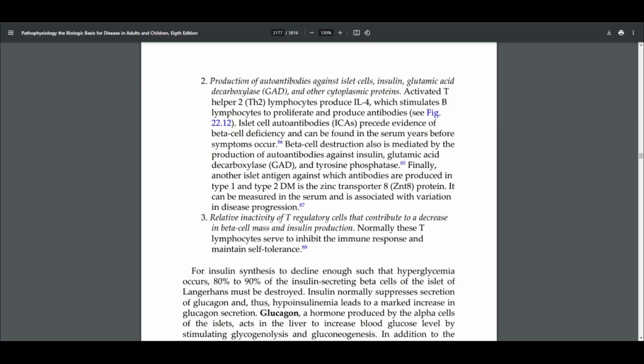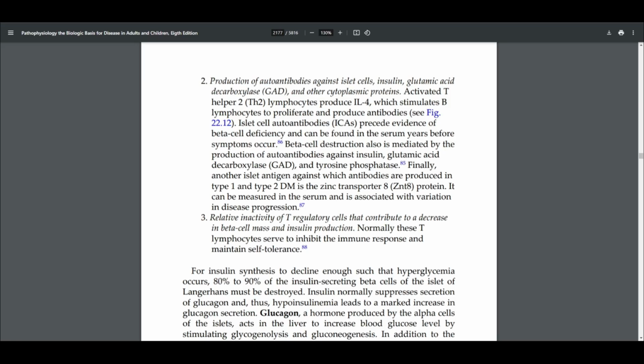Islet cell autoantibodies precede evidence of beta cell deficiency and can be found in serum years before symptoms occur. Beta cell destruction also is mediated by the production of autoantibodies against insulin, glutamic acid decarboxylase, and tyrosine phosphatase.